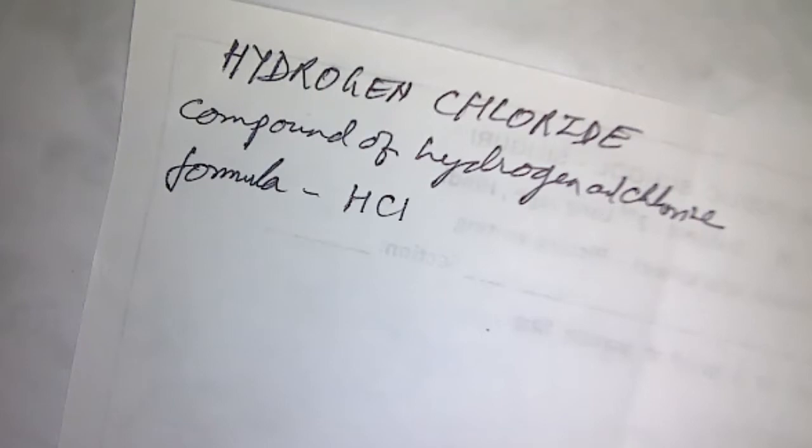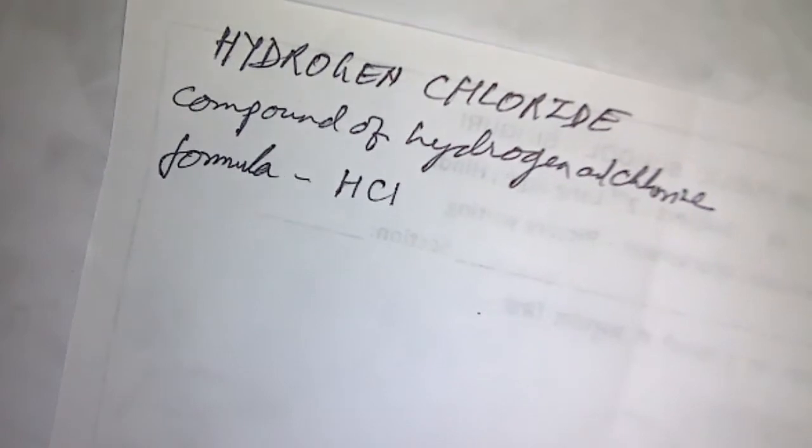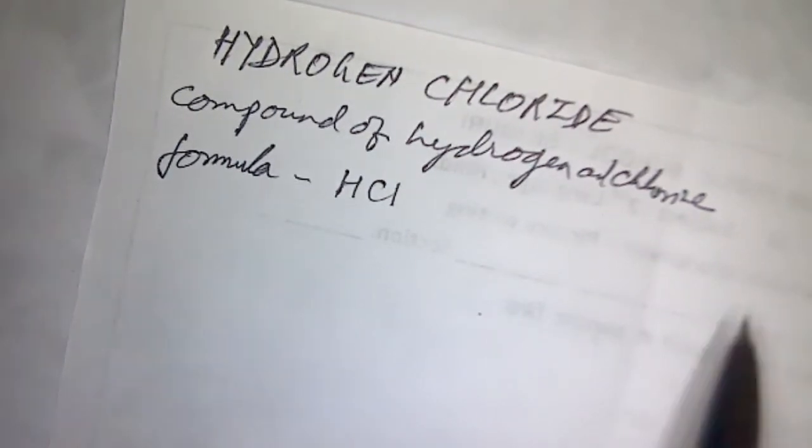So since both of them are non-metal, what will happen? Whatever bonding will they form? You have done bonding, isn't it? So what type of bonding will they form? Anyone? Covalent. They are combining with a covalent bond, isn't it?